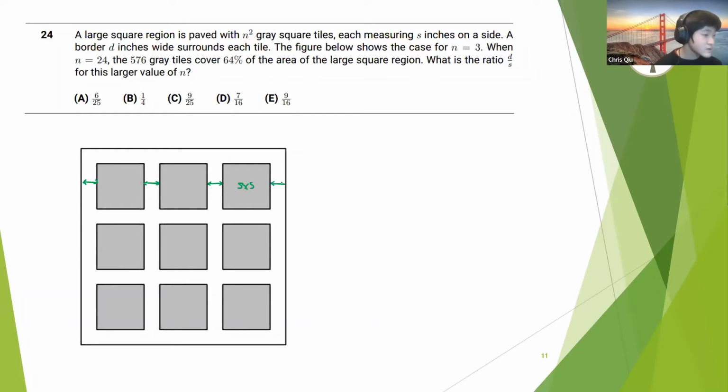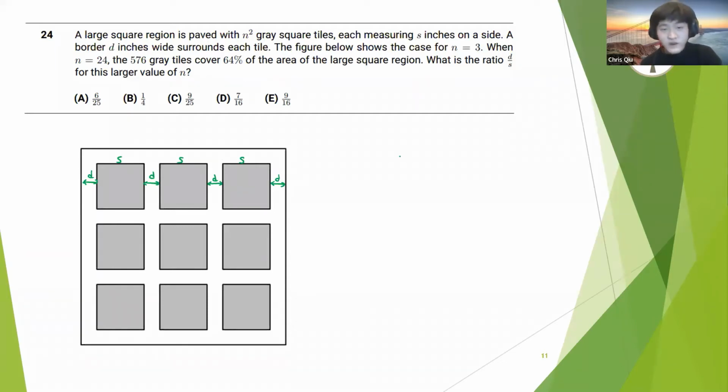So we have d inches here, and also s inches on each of these squares. We're told that in the case of n equals 24, 576 gray tiles cover 64% of the total area.